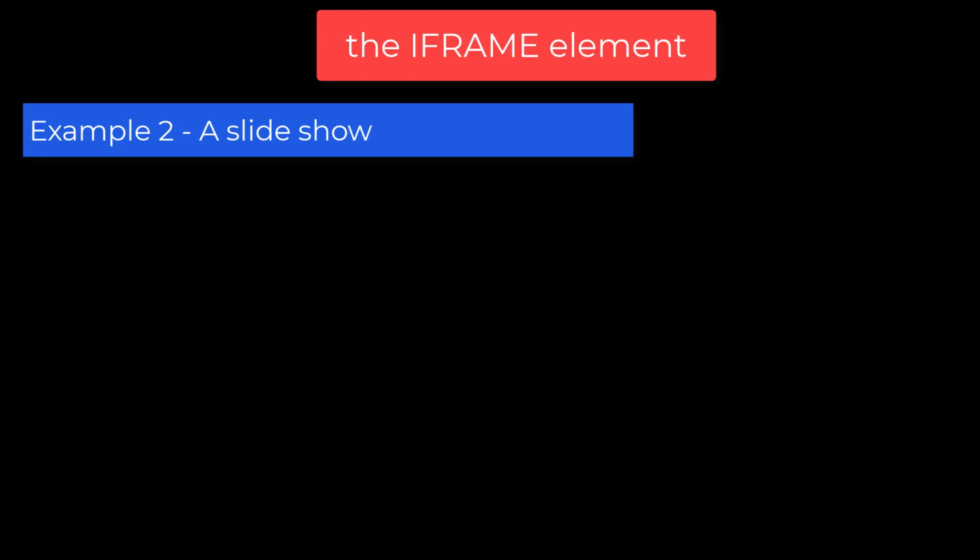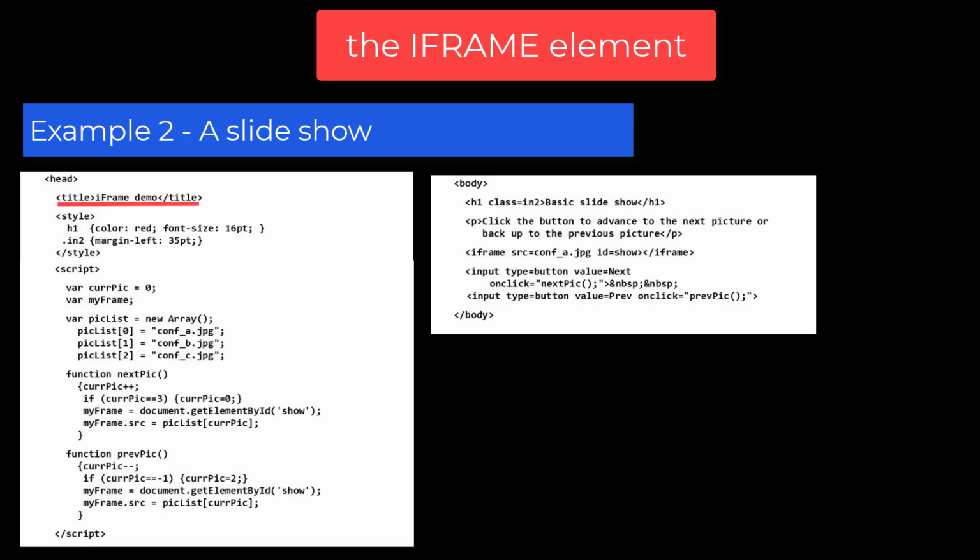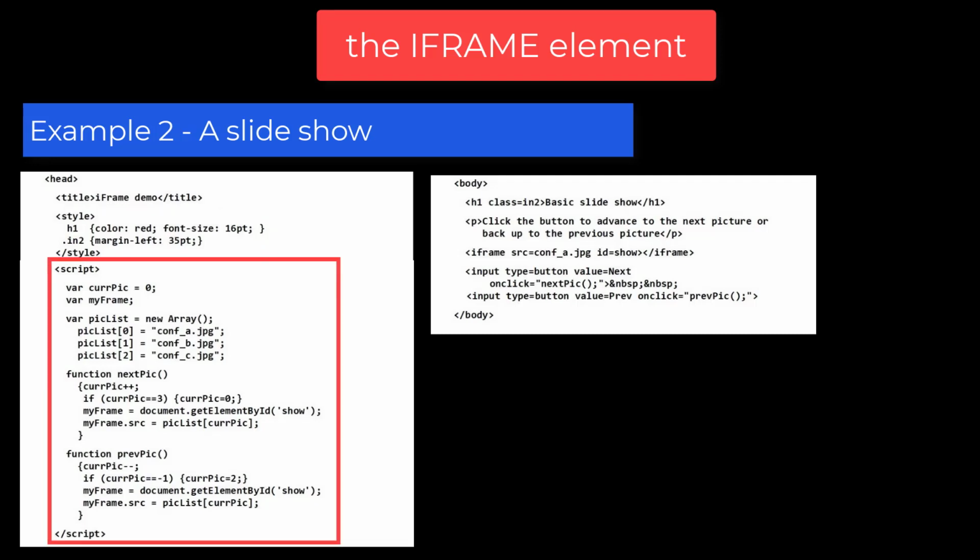Example 2, a slideshow. We can have controls outside the iframe change the contents of the iframe. So here's our code. We have our head, title, style, script. Var curpic equals 0, var myFrame.